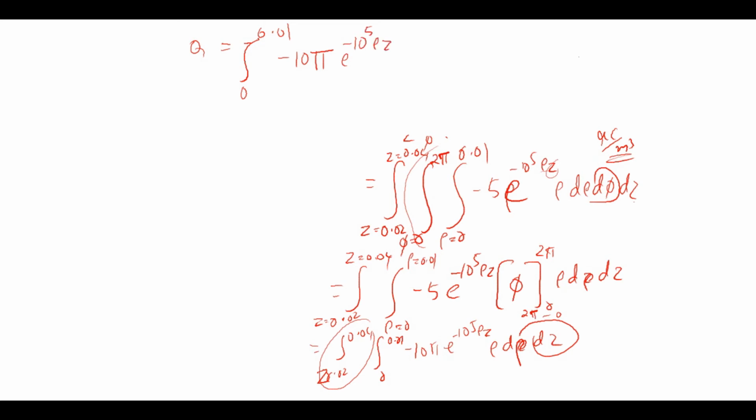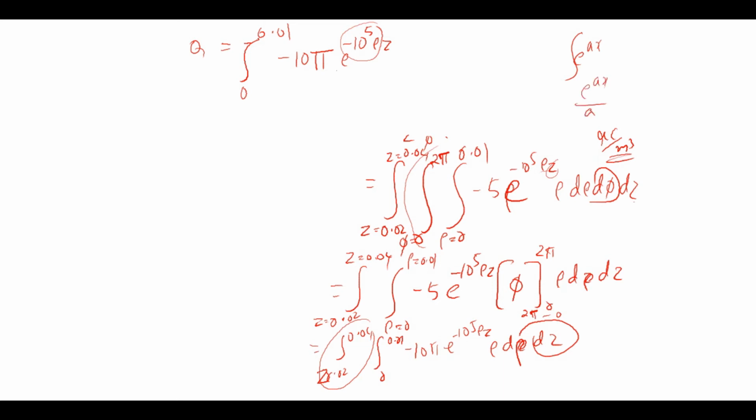So it is like e raised to ax, the integral of e raised to ax, where a is this total. Why am I not considering rho? Because when I integrate with respect to z, rho is a constant. So the integral of e raised to ax is e raised to ax by a.